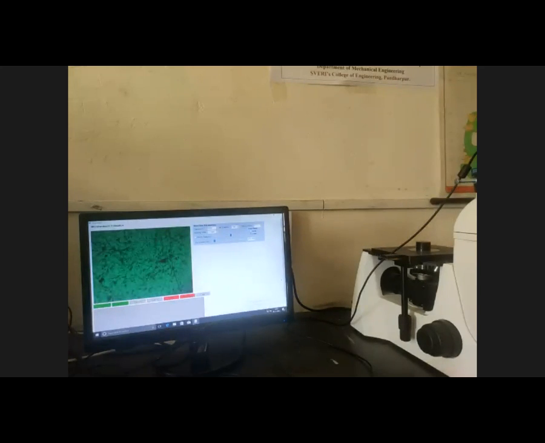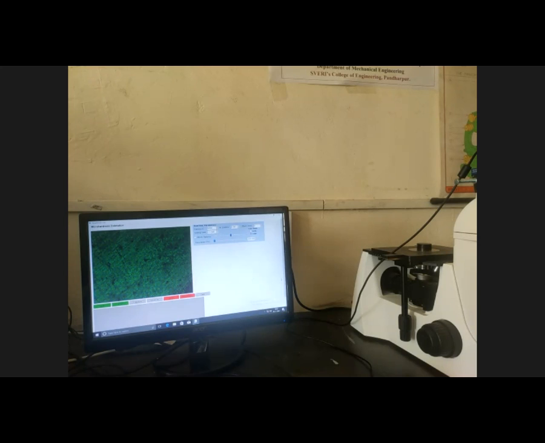Now we can go for the next. This is the malleable cast iron. This is the mixture of gray cast iron and white cast iron. A combination of two types of structure is observed.